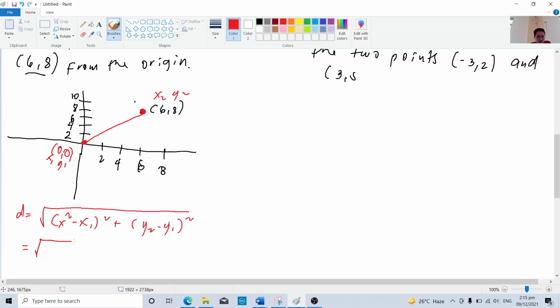We have the square root of, what is x sub 2? That is 6 minus, what is x sub 1? That is 0, squared, plus y sub 2 is 8, minus y sub 1 is 0, squared.